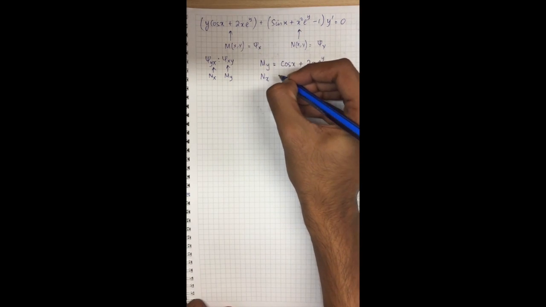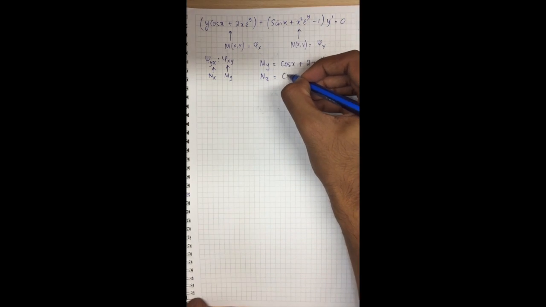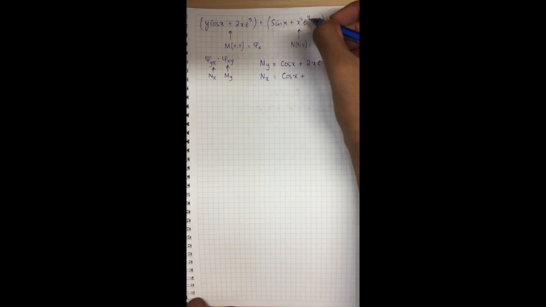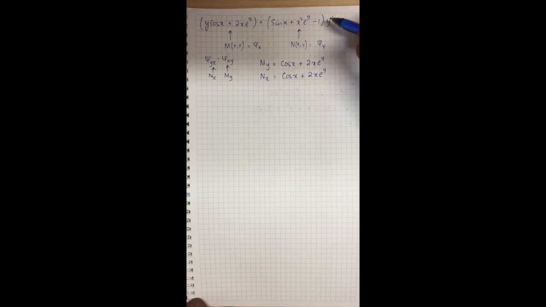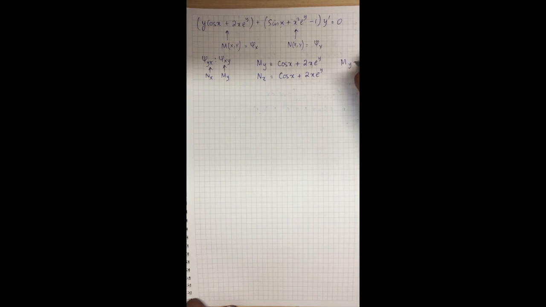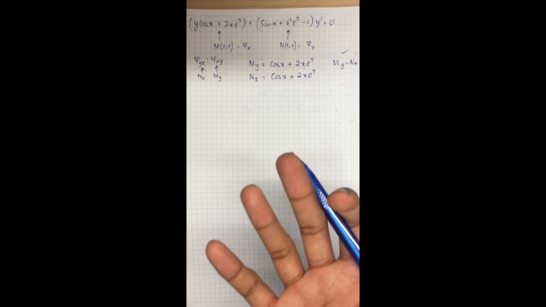Now when I do N_x, sine becomes cos, plus e to the y stays constant because we are differentiating x squared. So we get 2x e to the y minus 1 constant. So that goes. So we have M_y is equal to N_x. This condition is being satisfied, so we can proceed with the exact equations method which we followed.